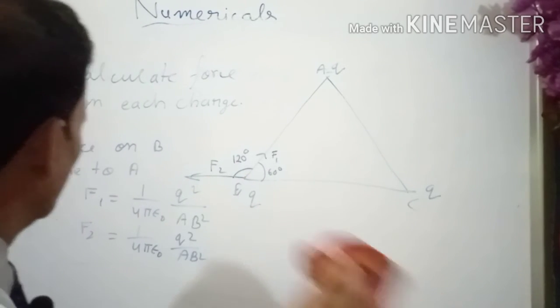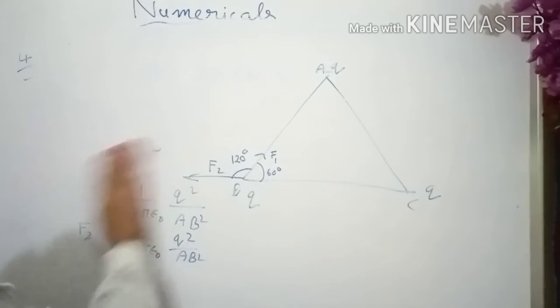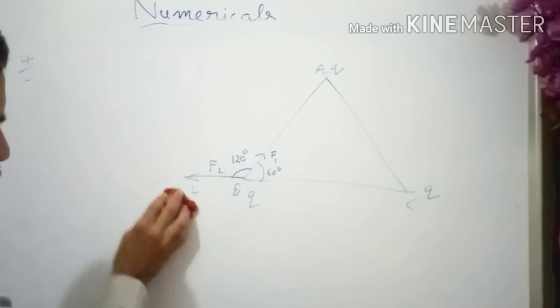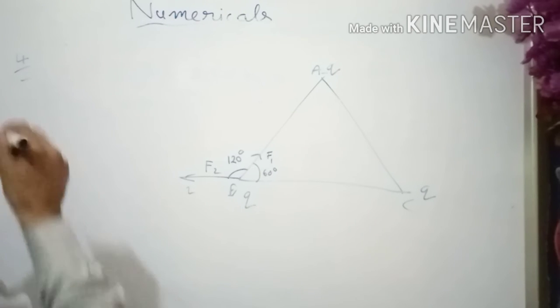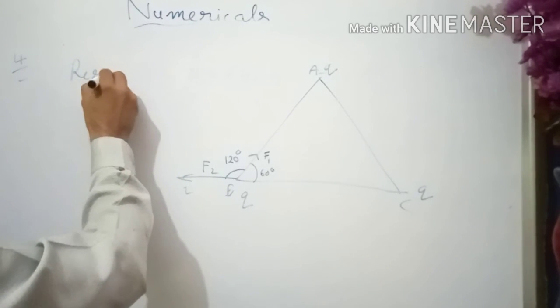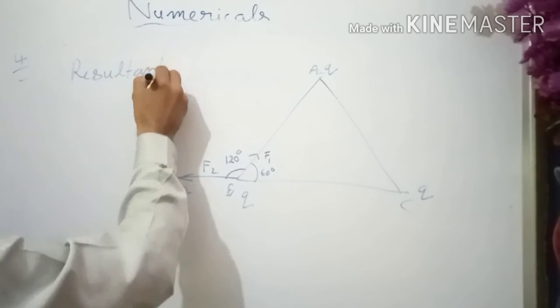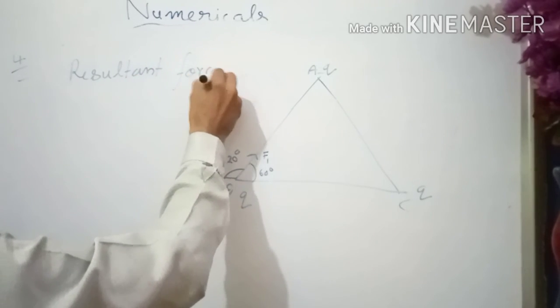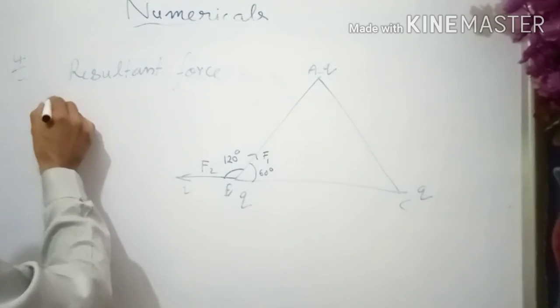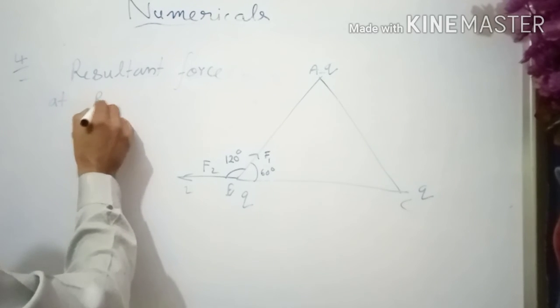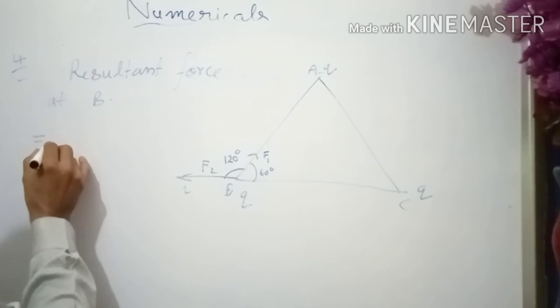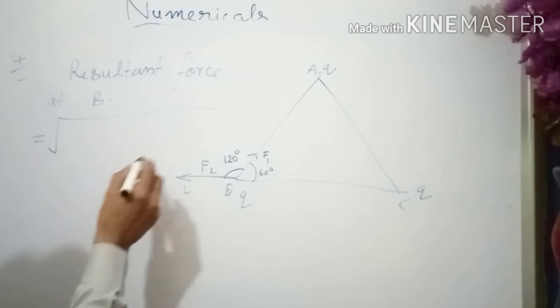So to find the result, so resultant force at point B, again use the parallelogram law.